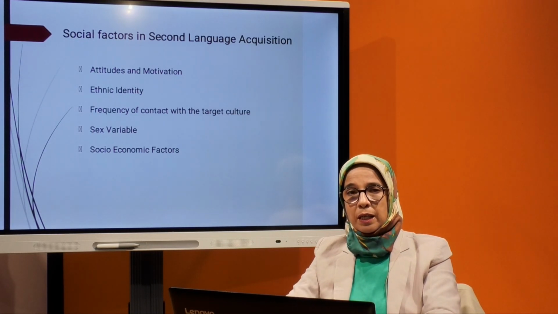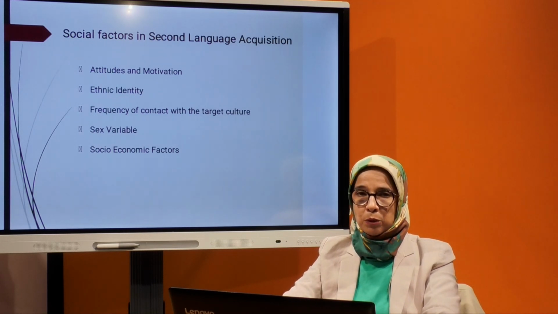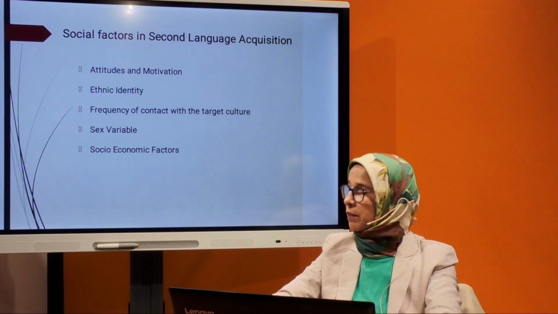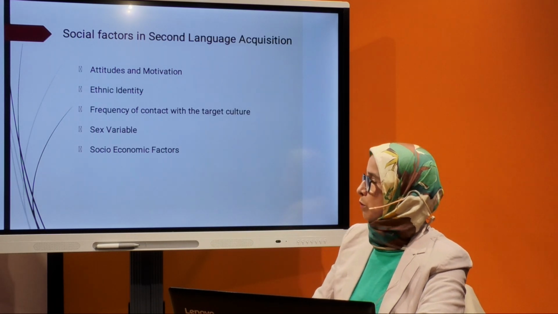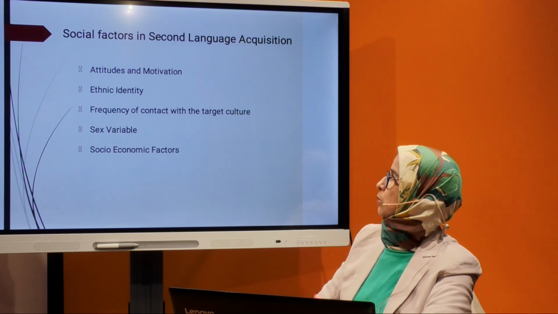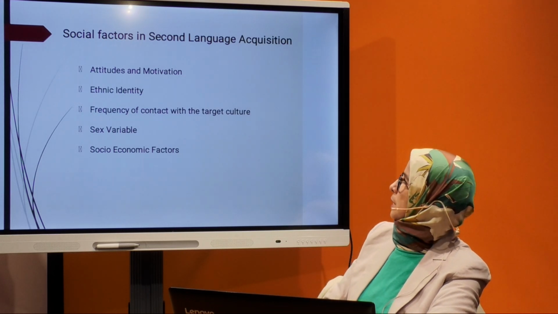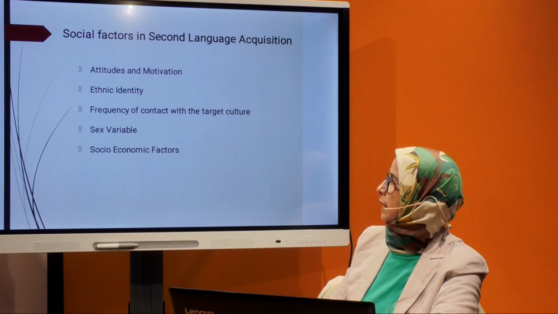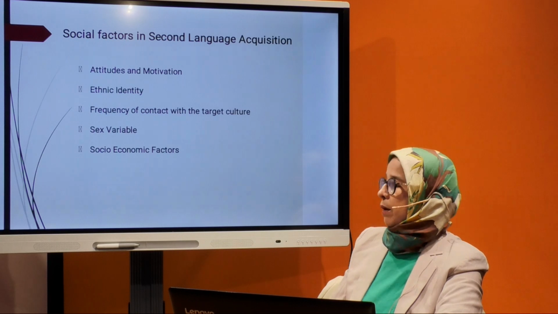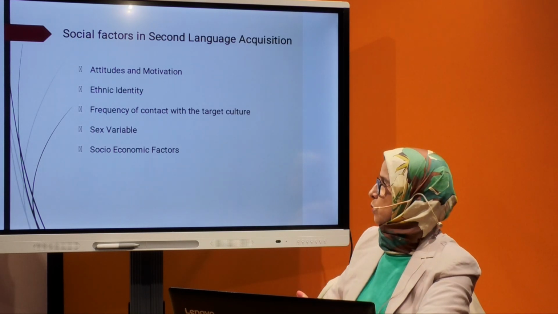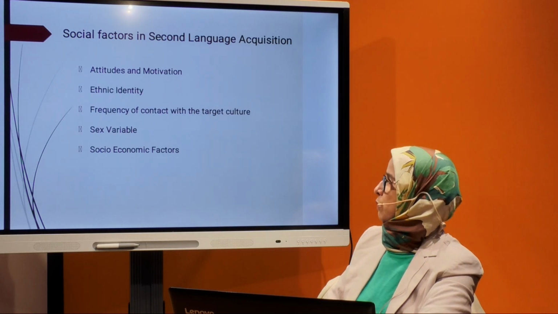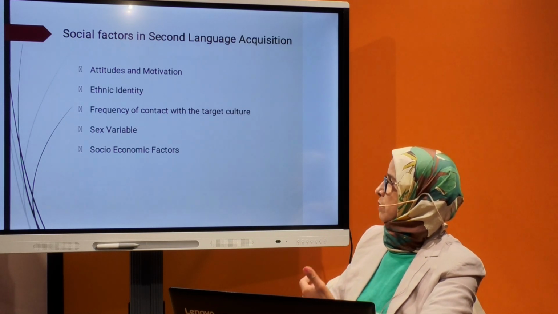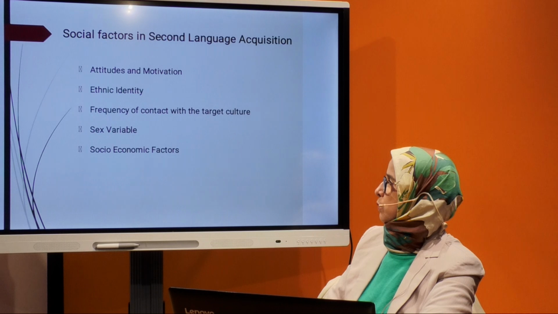So up to now we have discussed the major important social factors contributing to second language acquisition, namely attitudes and motivation, because attitudes influence the motivation of the learner, and we'll see motivation in the social factors as well.